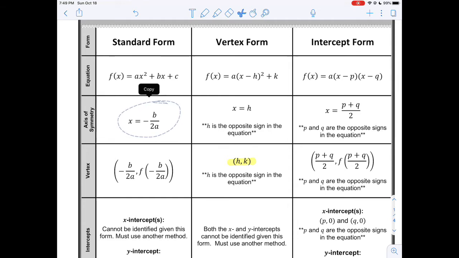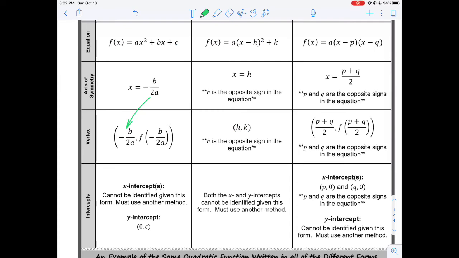Taking the axis of symmetry, that gives us the x value of our vertex, so we can plug that in as the x value of our vertex. Knowing the x value of our vertex, we can take that value and plug back into our original function up here everywhere that we see x, and we can solve for f of x or y.